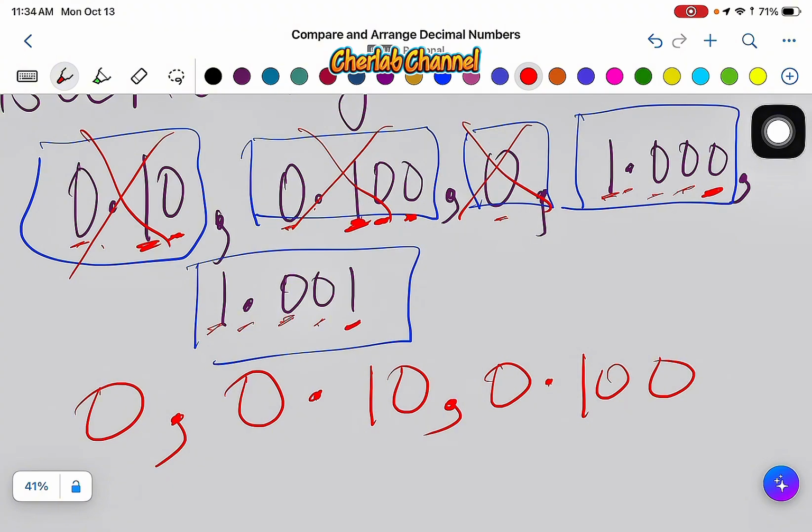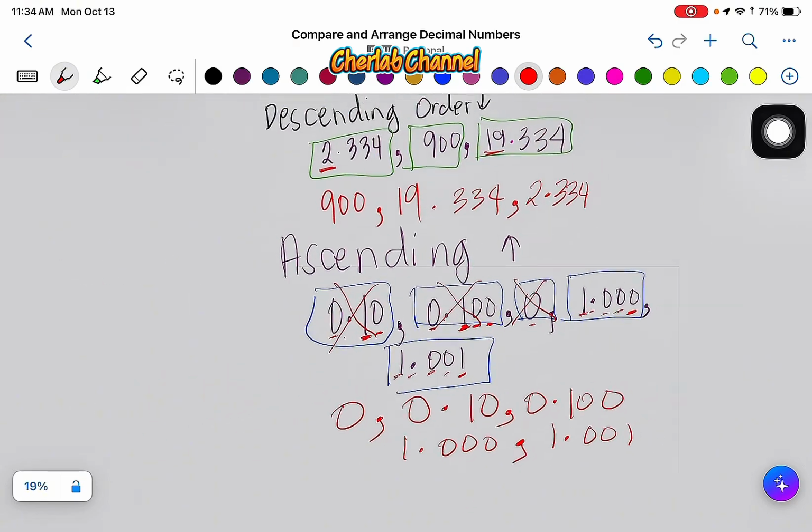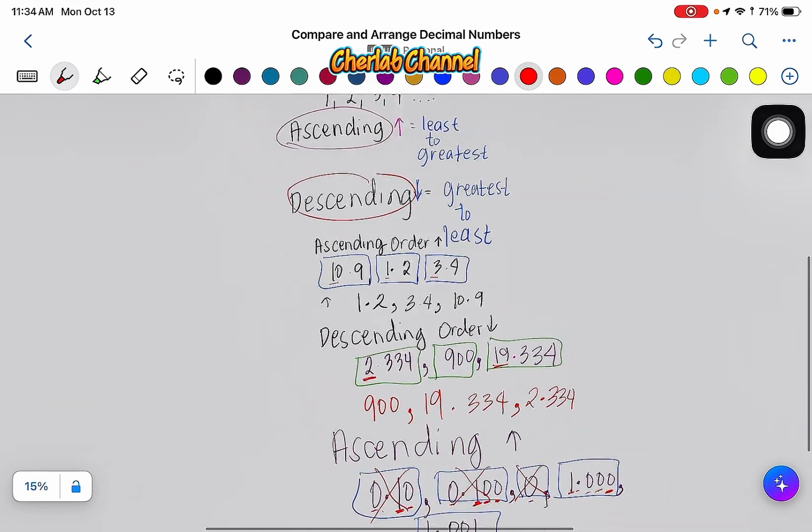Sa kabila, 1. So, which is bigger? Si 1. So, ito ang mauuna. 1.000, pinakahuli, pinakamalaki, 1.001. That's how you compare and arrange decimal numbers.